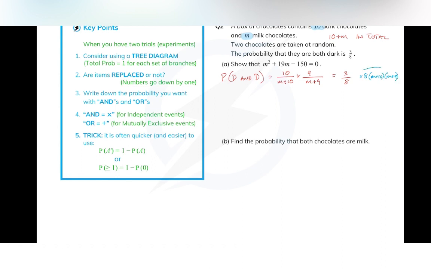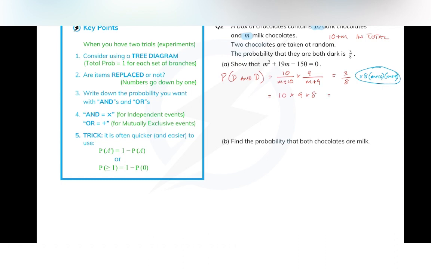Okay, and that is going to be done to both sides. I'm going to leave it over there because I haven't got room to write it anywhere else. Now if I multiply all of this by that, the m plus 10 and the m plus 9 are going to cancel, and I'm going to get left with just 10 times 9 times 8.